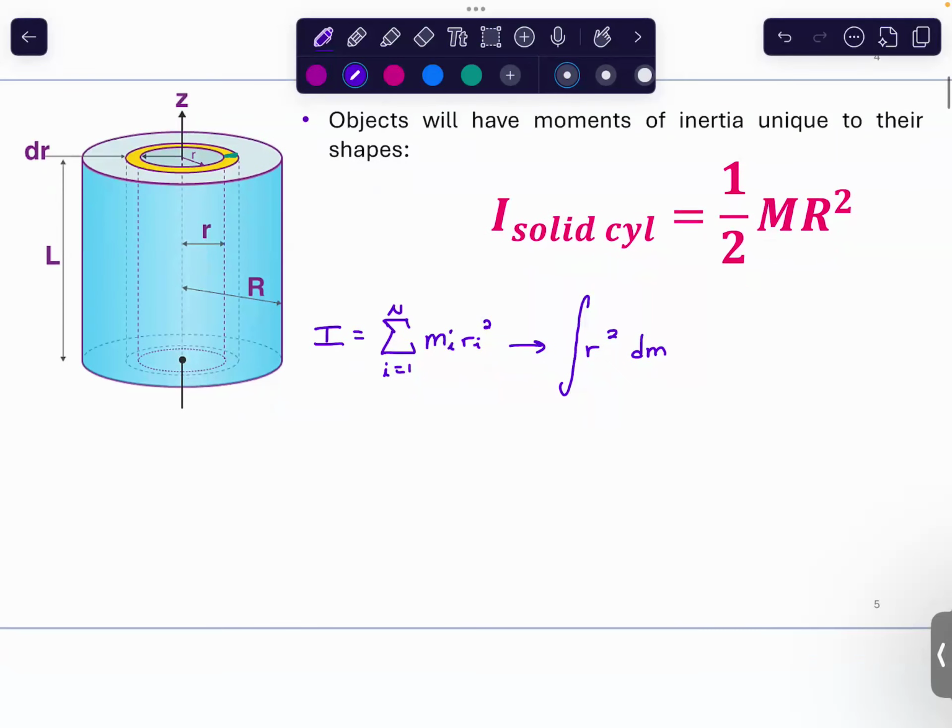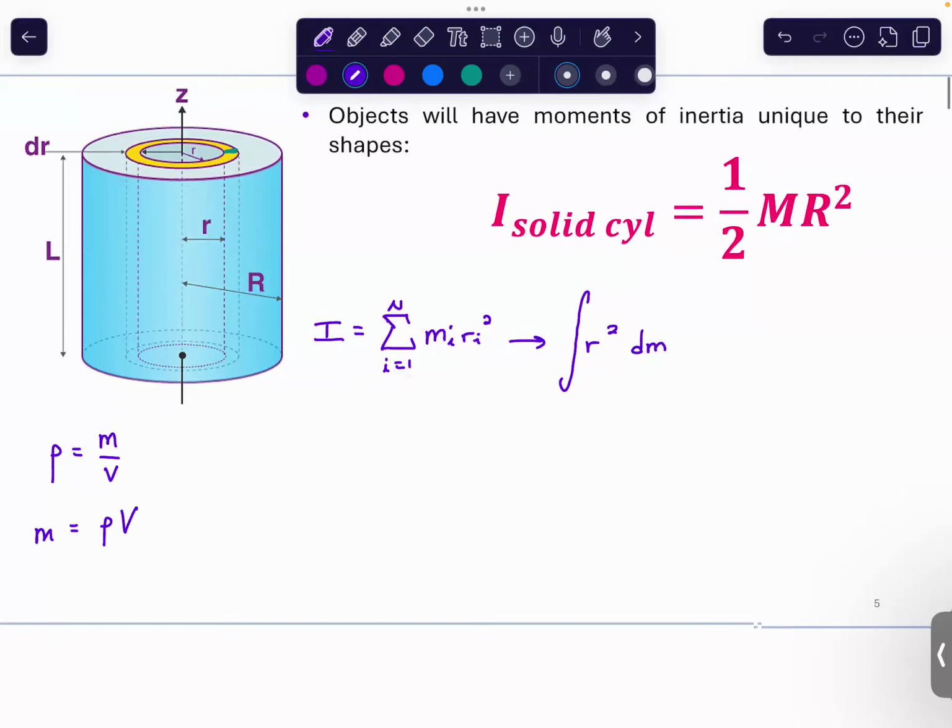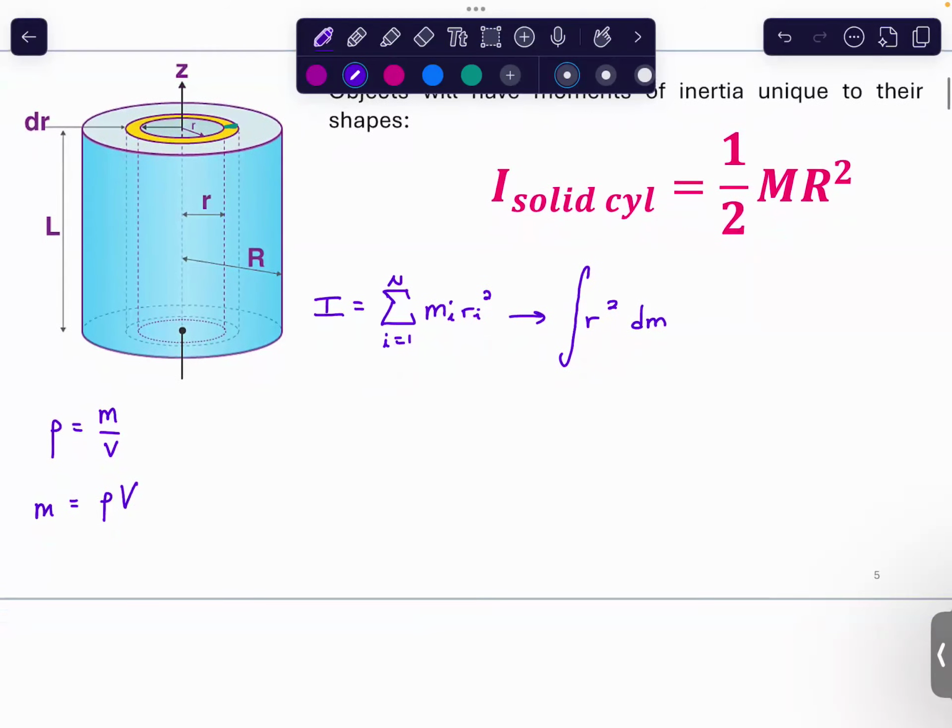We remember though, the density of an object is the mass over the volume. So the mass of the object becomes the density times the volume. Density is inherent to the material of the object itself. So as the radius gets larger and larger, with each differential mass element we'll have the same density, but the volume will also be increasing by a differential amount.